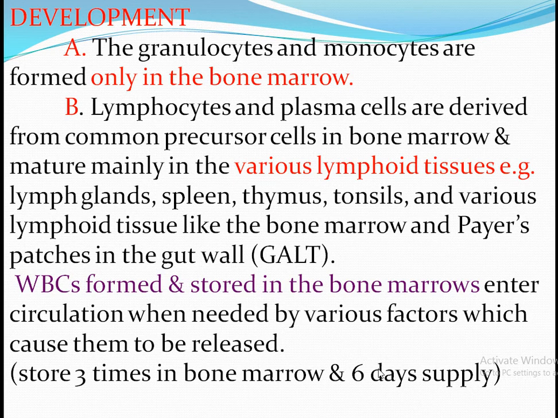These megakaryocytes, present in the bone marrow, fragment into small pieces which are actually the platelets. They pass into the blood and they are very, very important for blood stoppage or blood clotting.